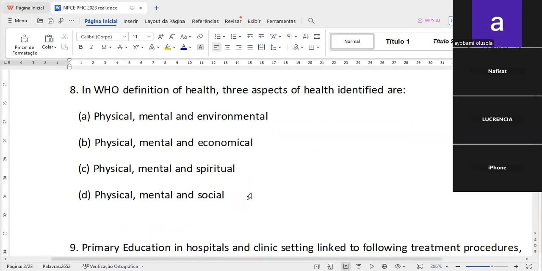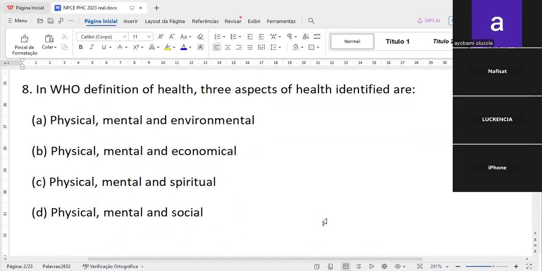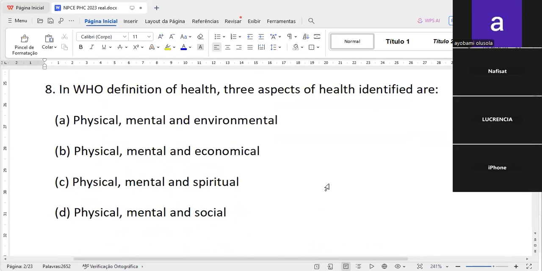In WHO definition of health, three aspects of health are identified. Physical, mental, and social. That's option D. You're right.